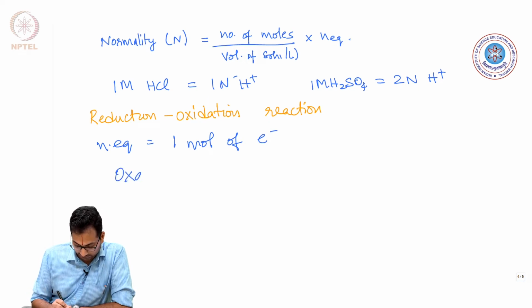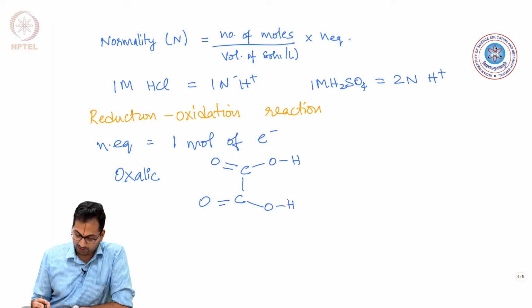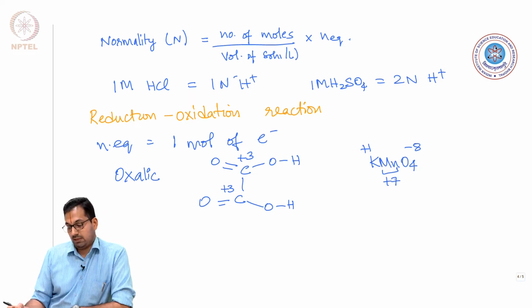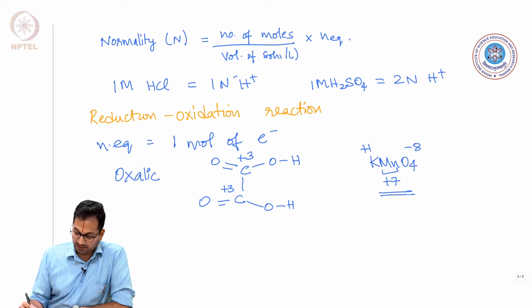Oxalic acid is a diprotic acid where the oxidation state of carbon is +3, and then you are titrating it against potassium permanganate where the oxidation state of manganese is +7. So now when you are using an oxidizing agent against oxalic acid, the carbon is going to get oxidized.